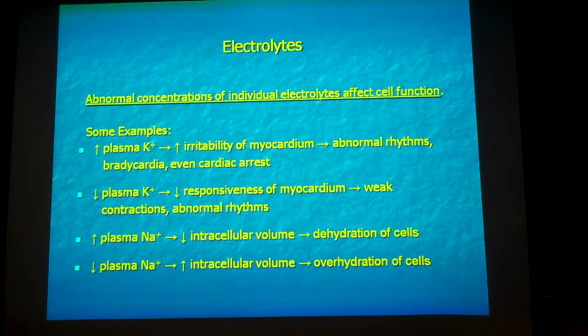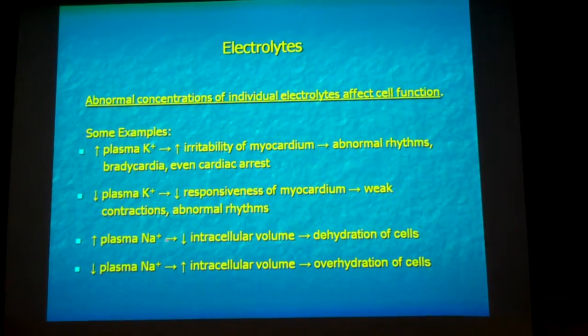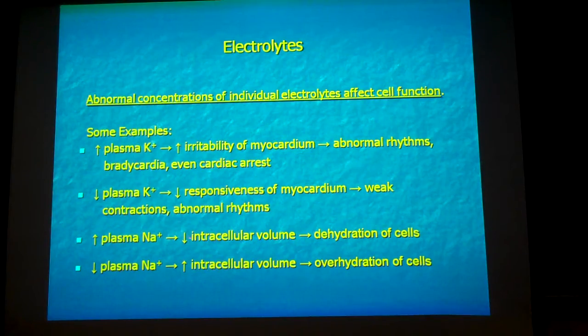Conversely, if the potassium level in the blood drops, you can also affect the heart. Not necessarily making it stop, but you can make it weak. So you can produce weak contractions and also abnormal rhythms. With sodium, we've talked about what sodium does. If you increase the sodium concentration in extracellular fluid significantly, you can dehydrate cells.